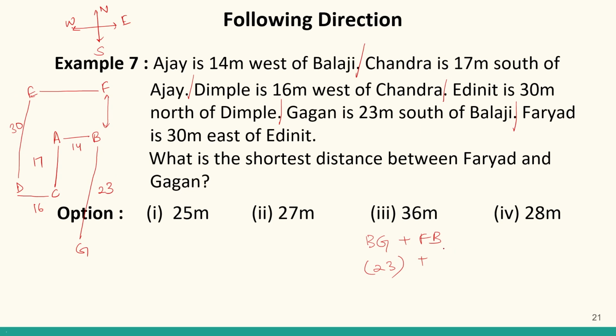It follows in the same category. So it will be 13 and this is 23. So 23 plus 13 will give me 36. So my answer will be option number 3, 36 meter. So this distance is 13, this is 23. When we add the two, we get 36 meter.